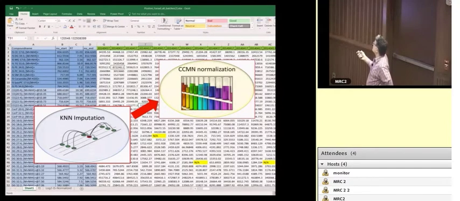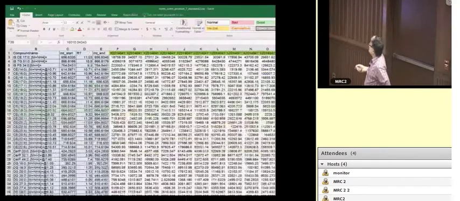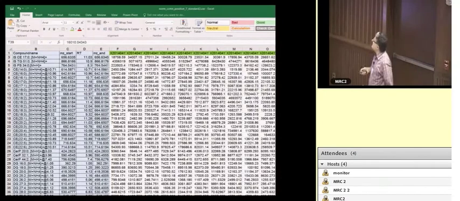That brought us to the next iteration of the data. As you can see, all the missing values are imputed. The question is, is it good enough data to be used for downstream analysis?